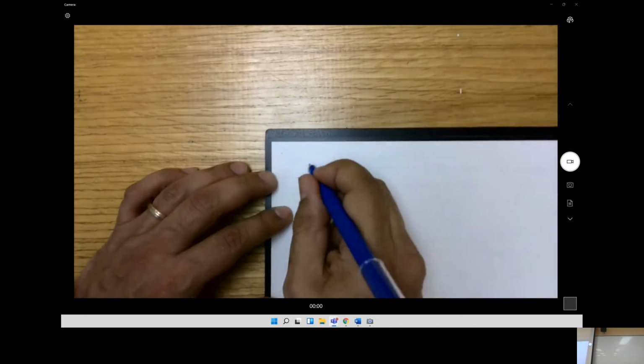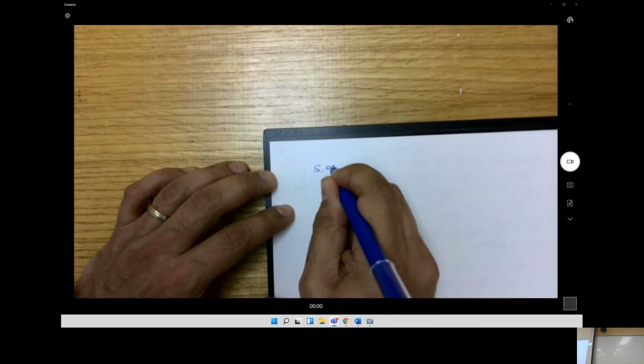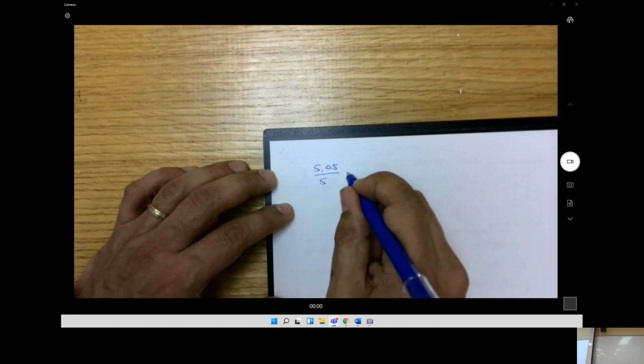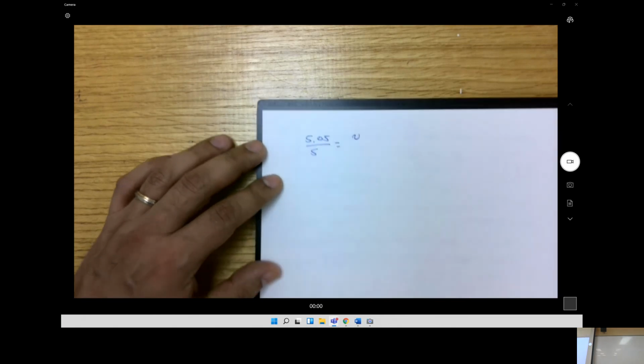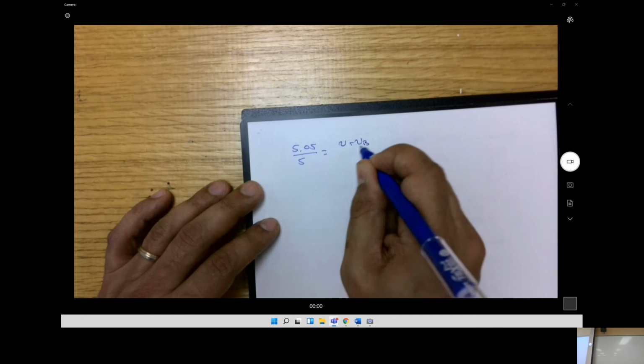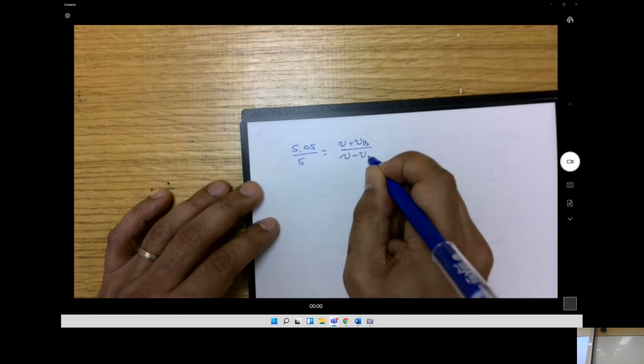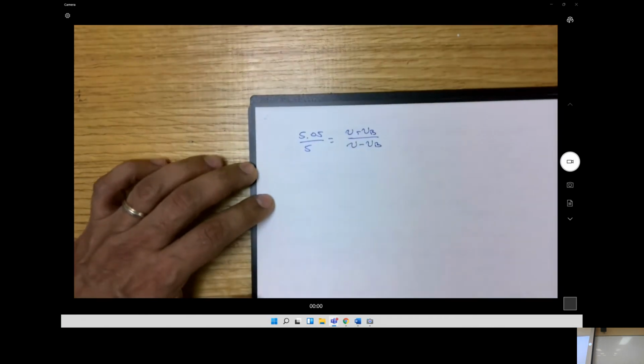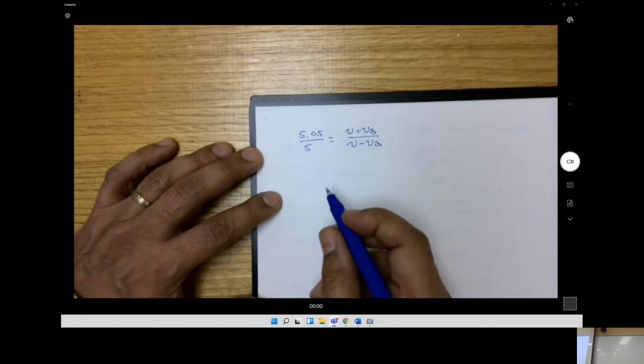So I'm going to have 5 divided by 5. That's going to be B. Okay, this is going to be 1.01.